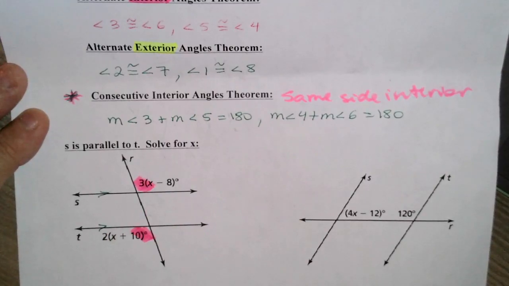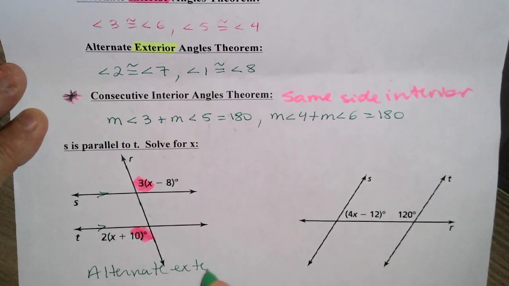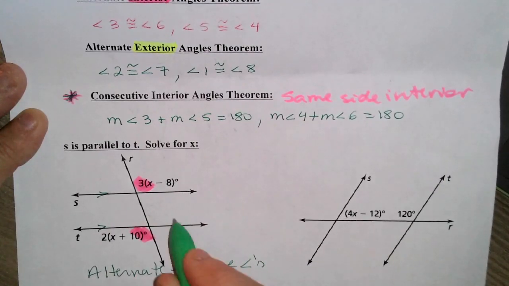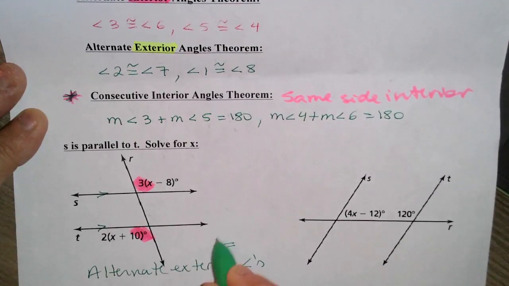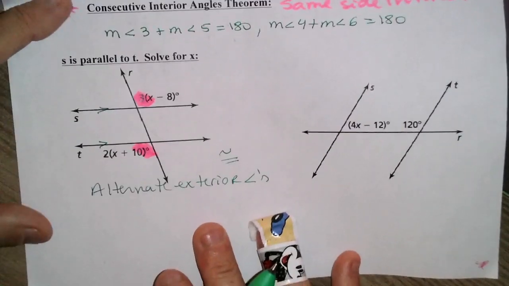They're both on the outside of the parallel lines, but on alternate sides of the transversal. So these are alternate exterior angles, and they are going to be congruent, so we're just going to set them equal and solve for x.